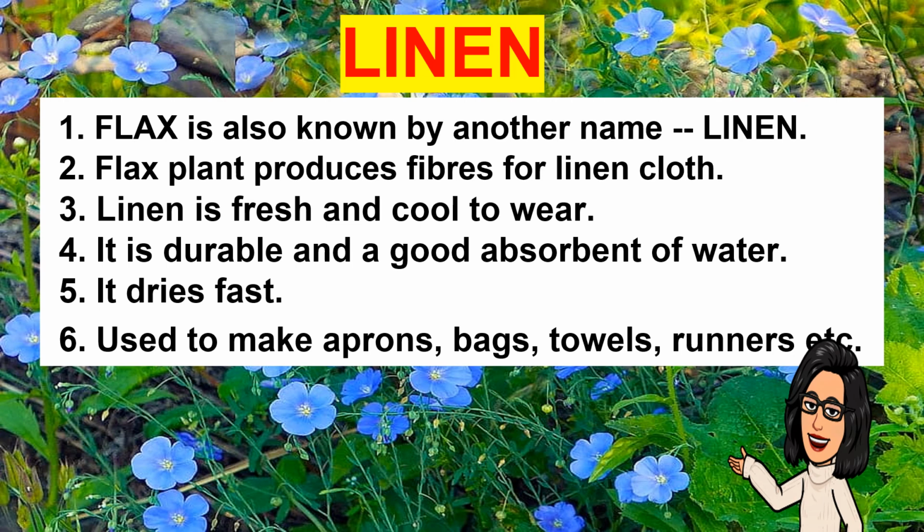It's durable too. It's a good absorbent of water. It dries very fast. It has the mixed properties of natural as well as synthetic fibers. It dries fast, whereas it keeps our body cool. And it is used to make aprons, bags, towels, runners, etc.